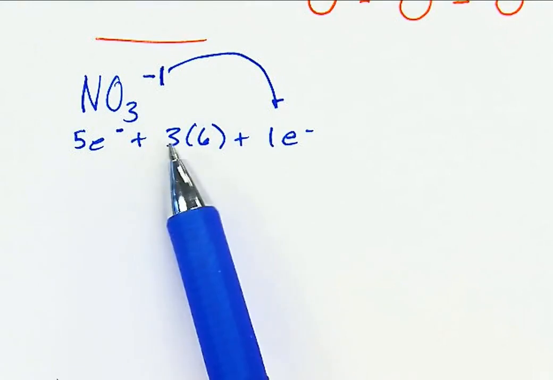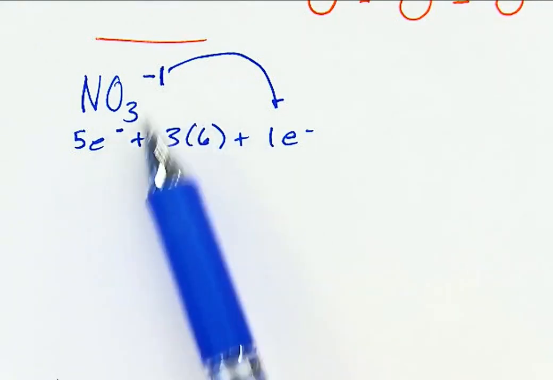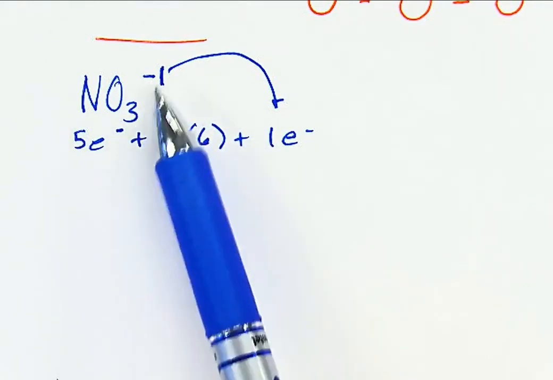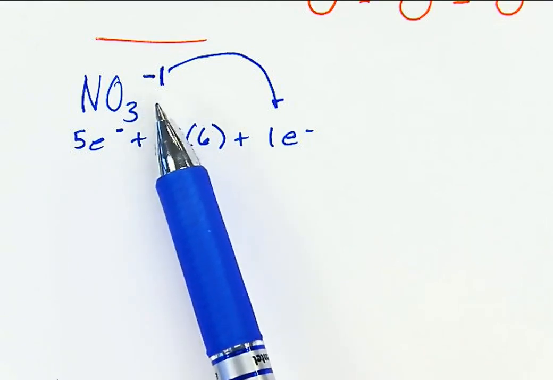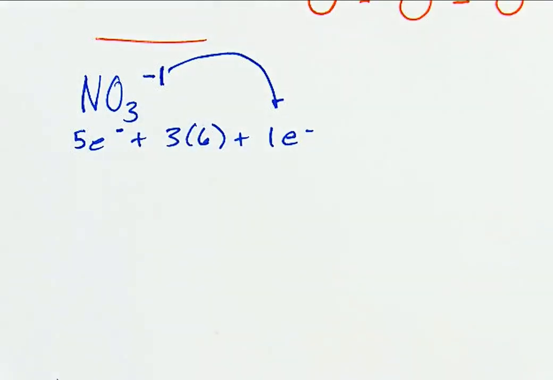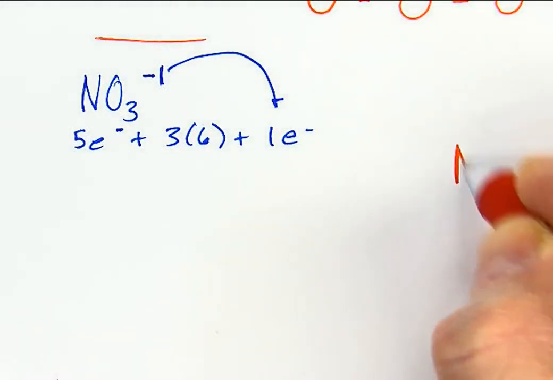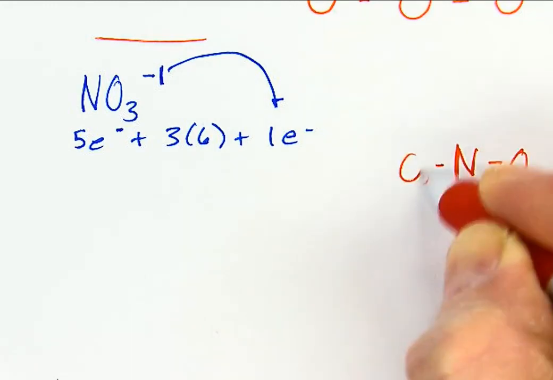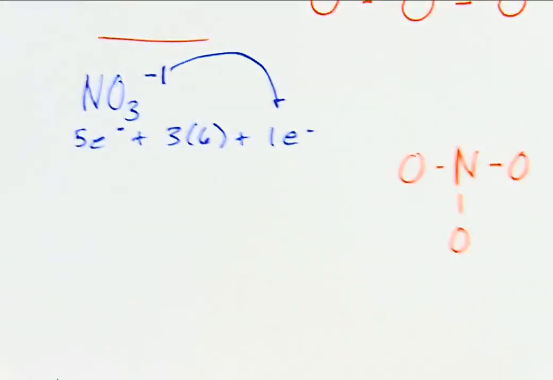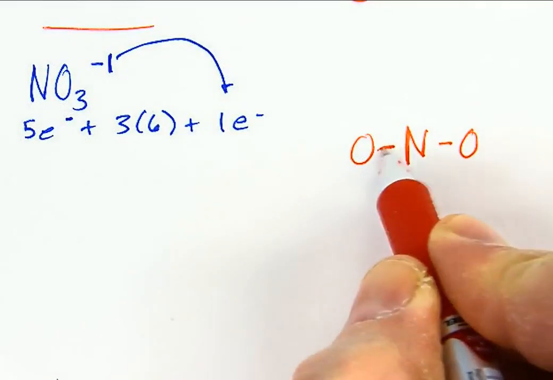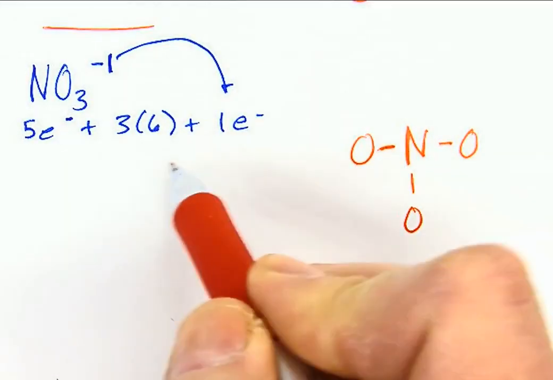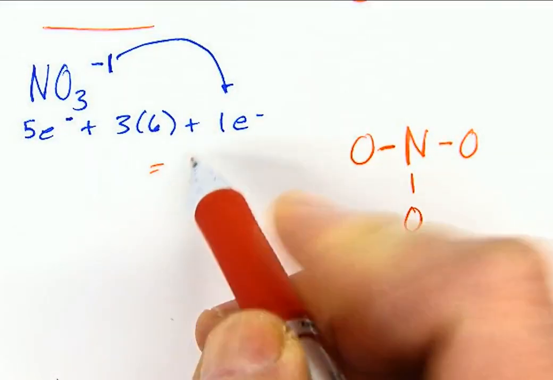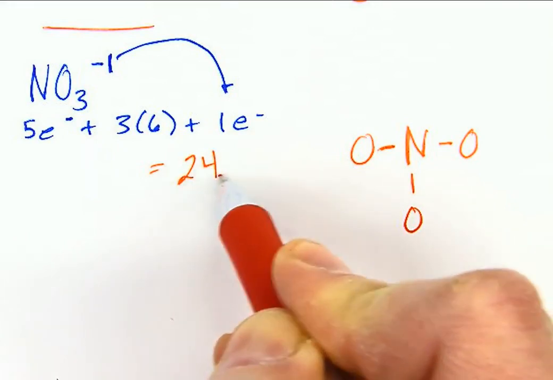So we have 5, 3. And the reason it's there is because it makes the whole thing stable. NO3 without that extra electron doesn't exist, falls apart. Doesn't matter to us. That's the general idea. Okay? Now, when we go to draw nitrate, there's your 6 electrons. We need to get up to a total of 24 electrons.